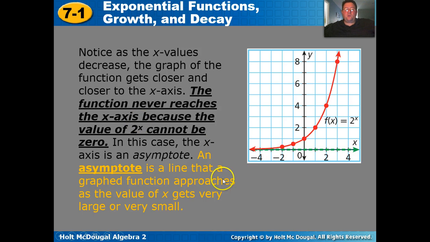This gives us what we call an asymptote, and that's our third vocabulary term. An asymptote is a line that the graph of a function never crosses. It'll get extremely close, but it never actually crosses my y equals 0 line, my x-axis. So that's what an asymptote is.